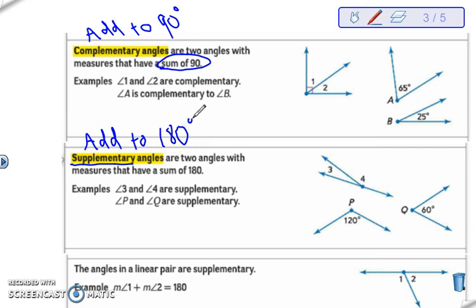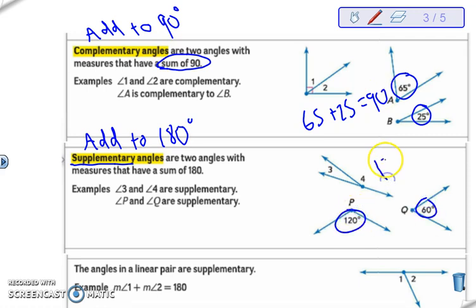So if you look at the two examples that they give you in the boxes, 65 plus 25 equals 90. And 120 plus 60 equals 180.